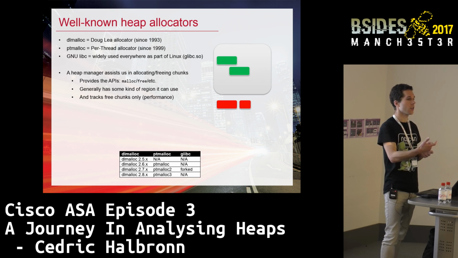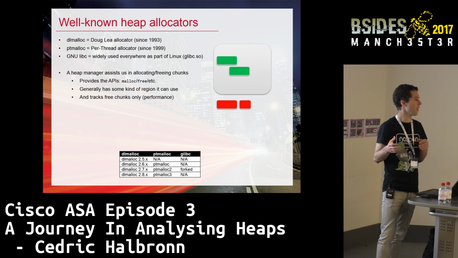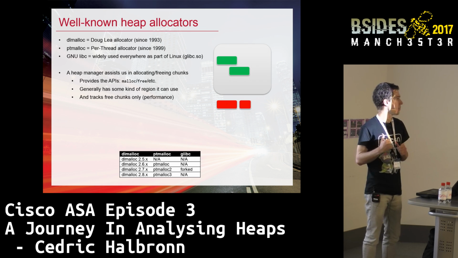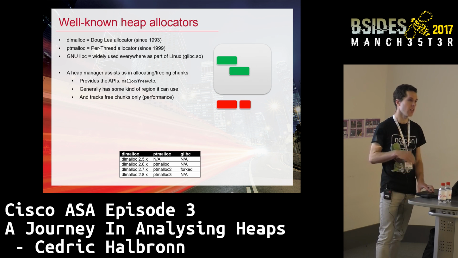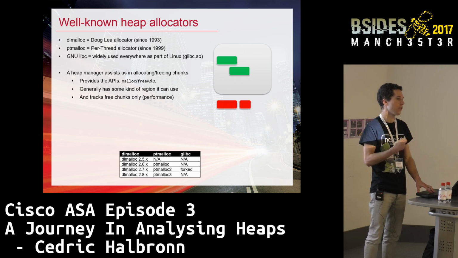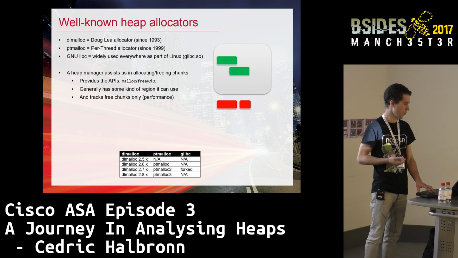When you do a malloc, it knows the free chunks, so it takes one of them, gives it to you, and removes it from the list, and when you call free, it takes it back and puts it back in the free chunks. It doesn't really need to track allocated chunks, and because malloc and free are called a lot, this is for performance reasons.